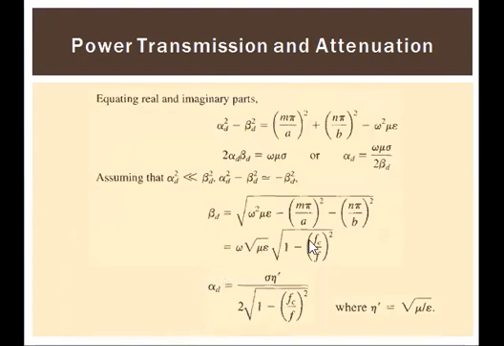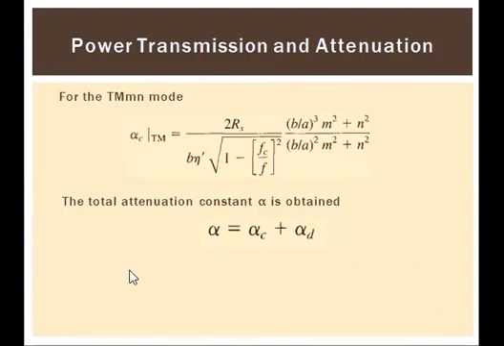The total attenuation constant will be alpha equal to alpha C plus alpha D. This is the attenuation constant.